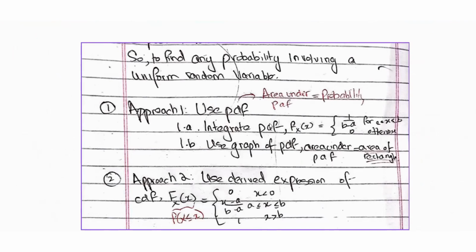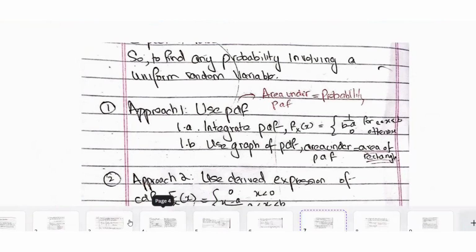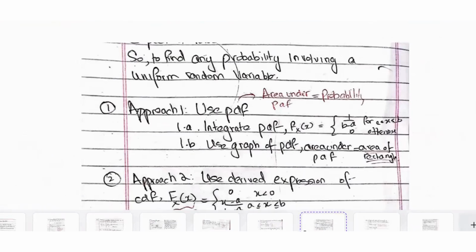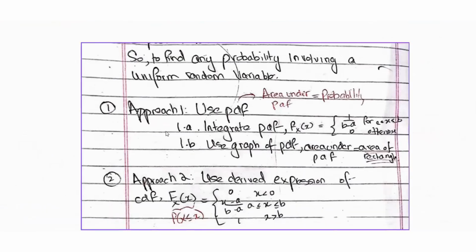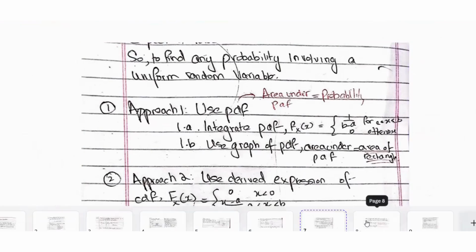We can either integrate the PDF, just like we do for other continuous random variables, or we can just simply use the graph of our PDF, as the area under the PDF is the area of a rectangle, which is easy to find.